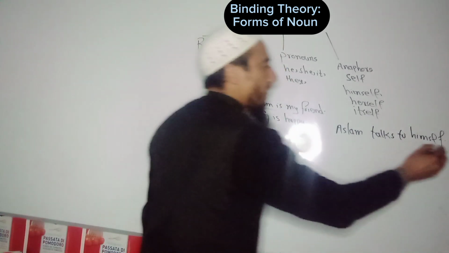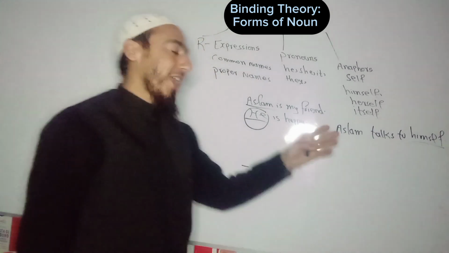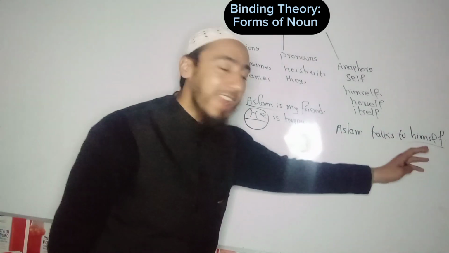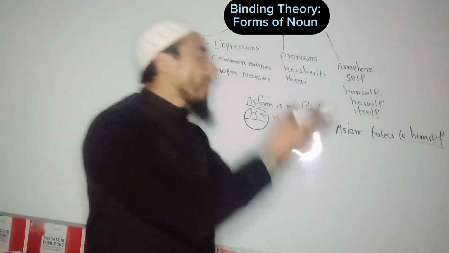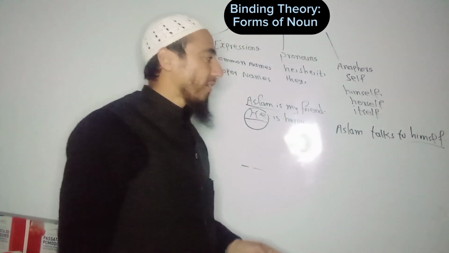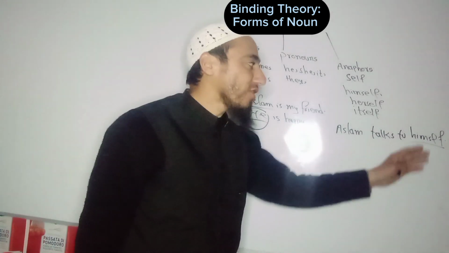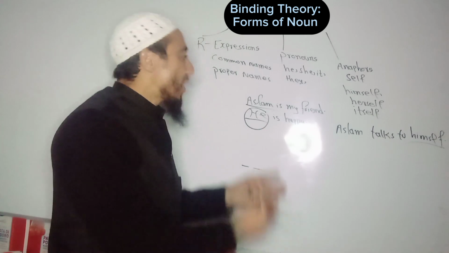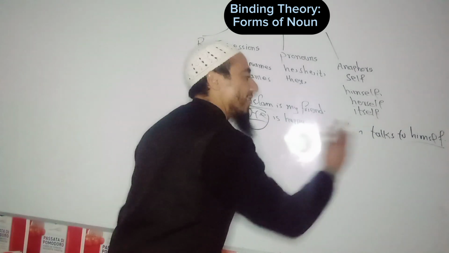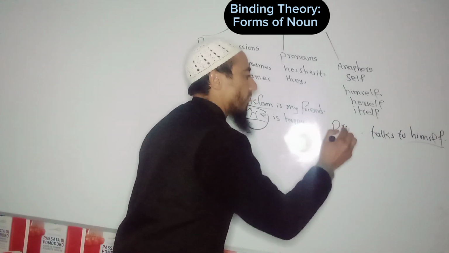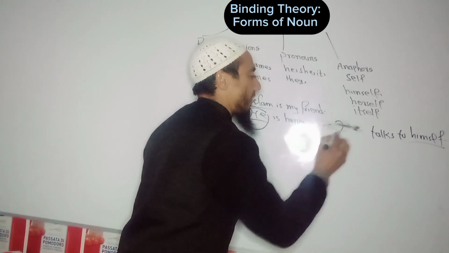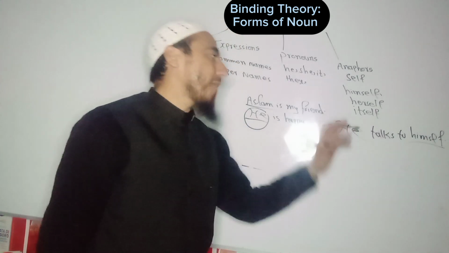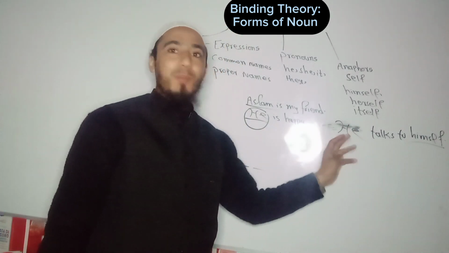So here you see, himself refers back to Aslam. Aslam is our R-expression, but here himself is mentioned in the same sentence. You can't mention this himself in another sentence. You may use a pronoun instead of Aslam, for example, he talks to himself. So this himself refers back to the pronoun.